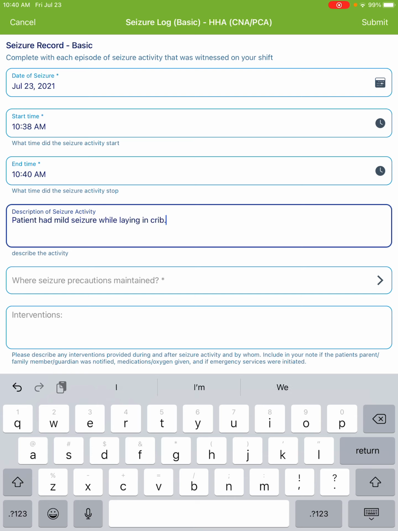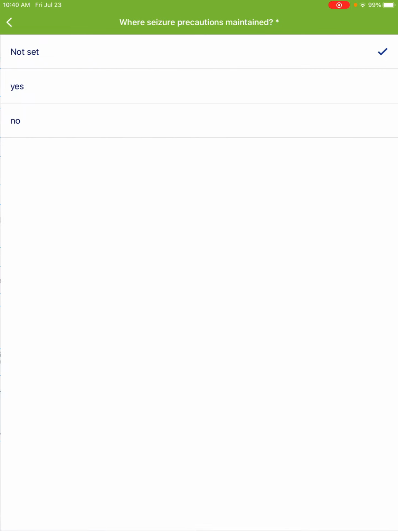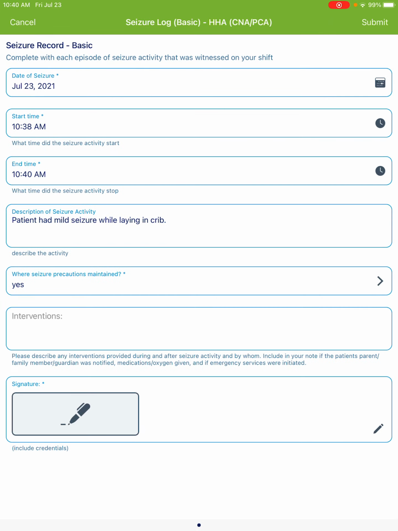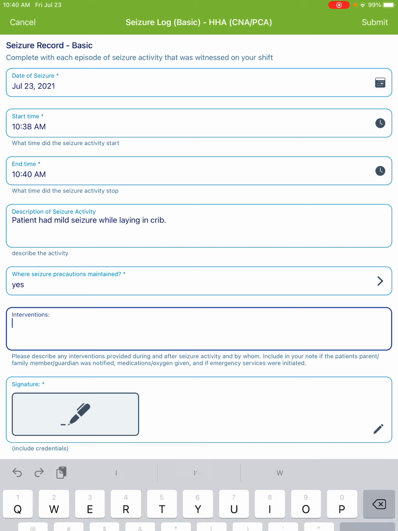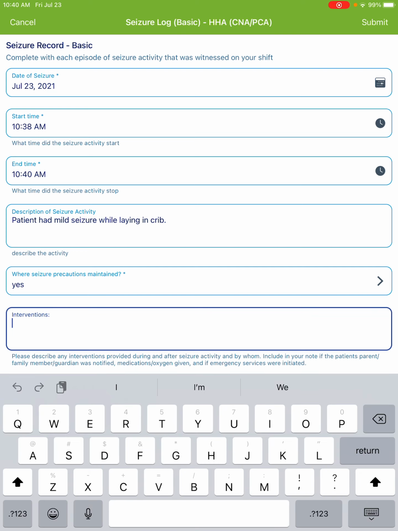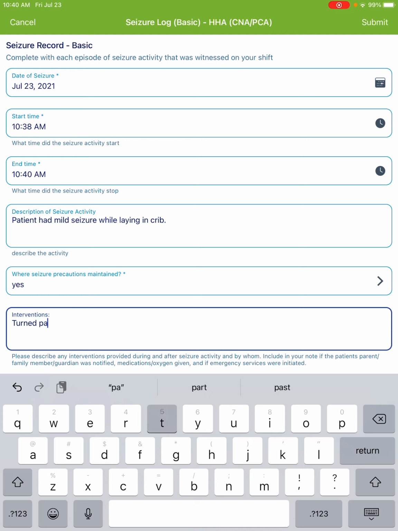Be as descriptive as possible. Were the seizure precautions maintained? Yes. If they're under seizure precautions, that'll also be outlined in the plan of care as well. And then any interventions, so you can say that you perhaps turned the patient on one side, be very descriptive about what you did.